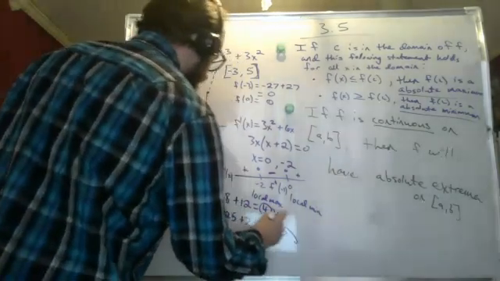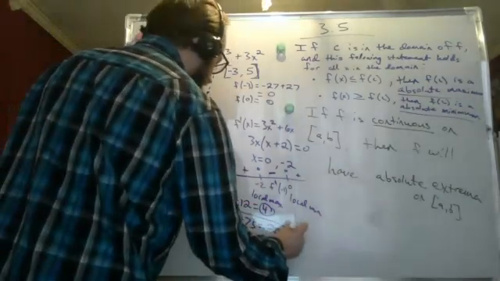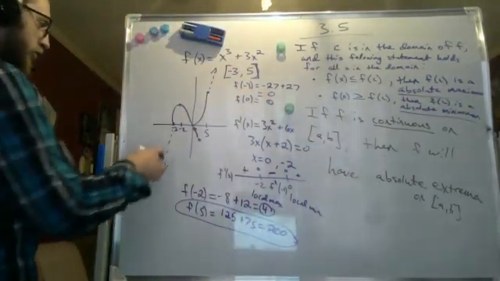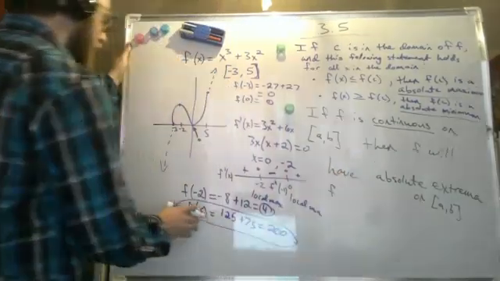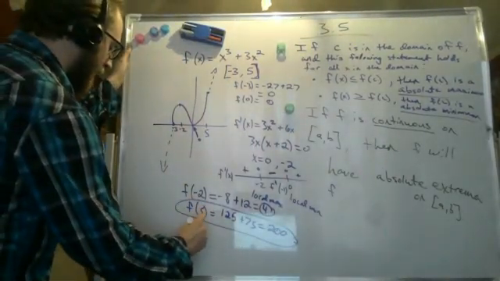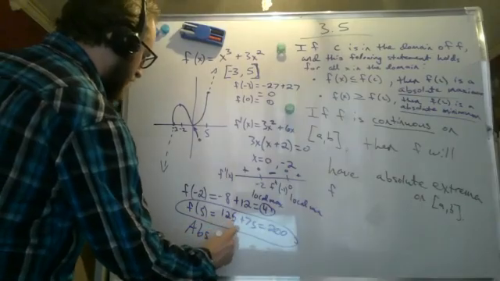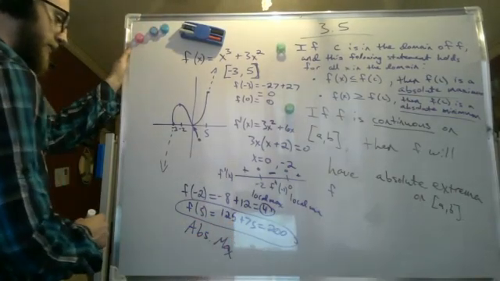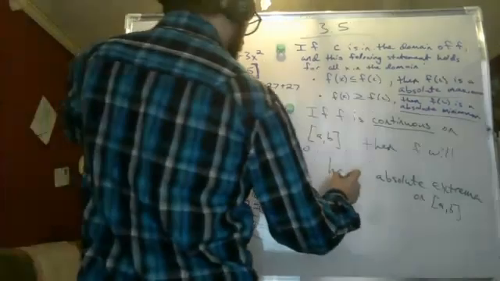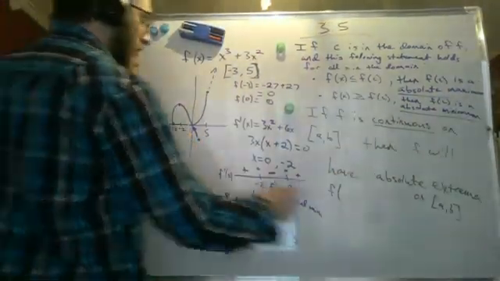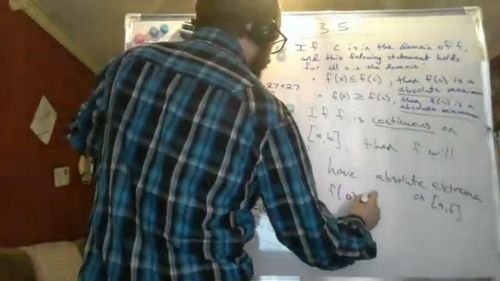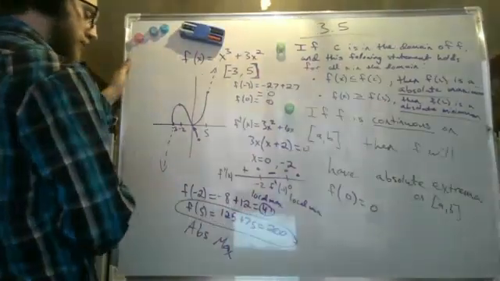And so this is our local max, and for our local min, we already selected, so this is our absolute max right here. Absolute max. Now over here, when we were looking at our local min of 0, f of 0 equals 0.